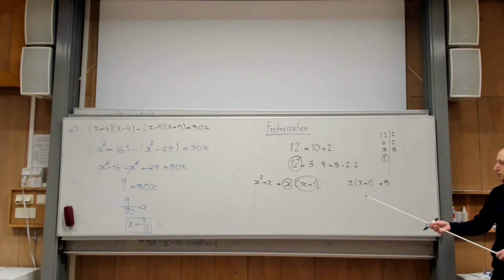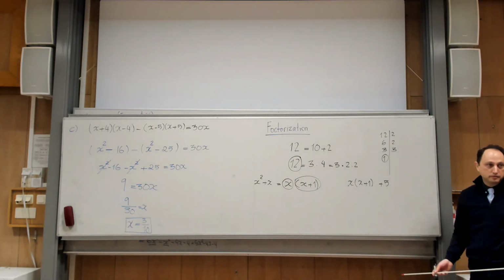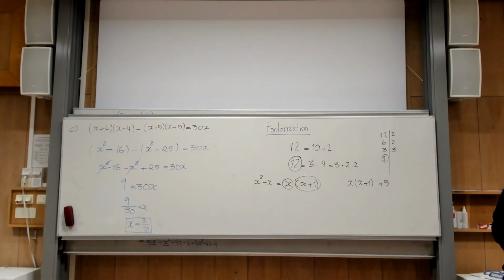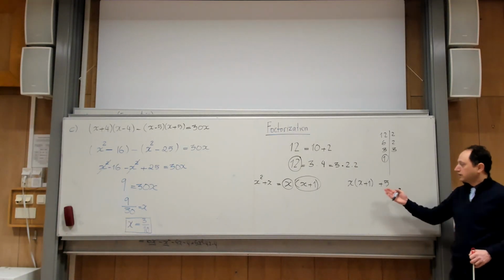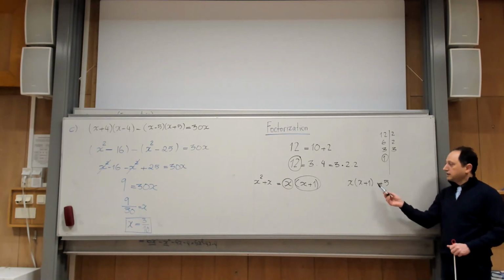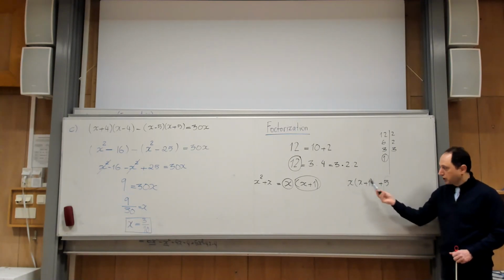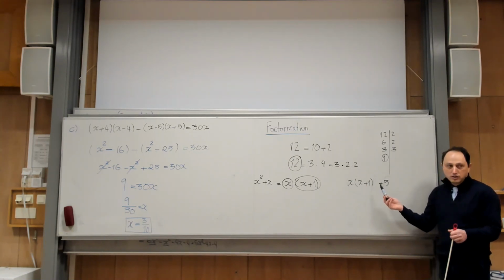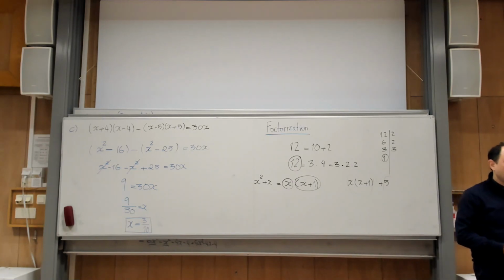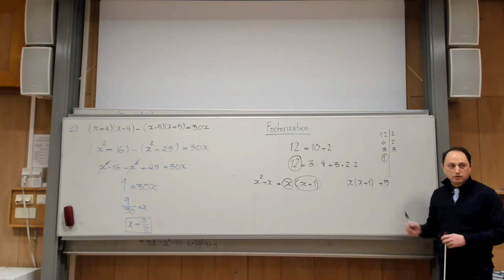So if I ask you to read it in English, do you read it as a product or as a sum? Sum. Yes. So you would say that this expression is the sum of this and that. Of course, one part is in product form, but at the end it is not a product, it is a sum. So when this is a sum, it is not in factorized form.